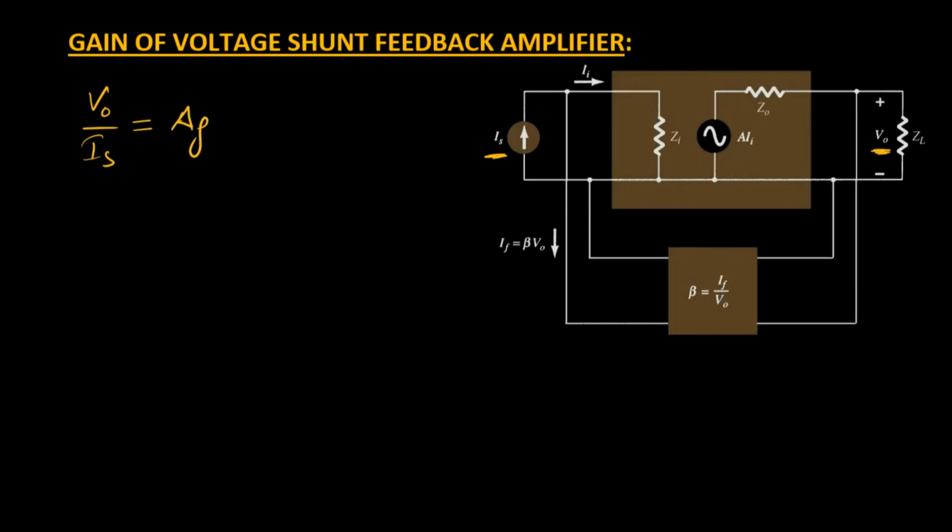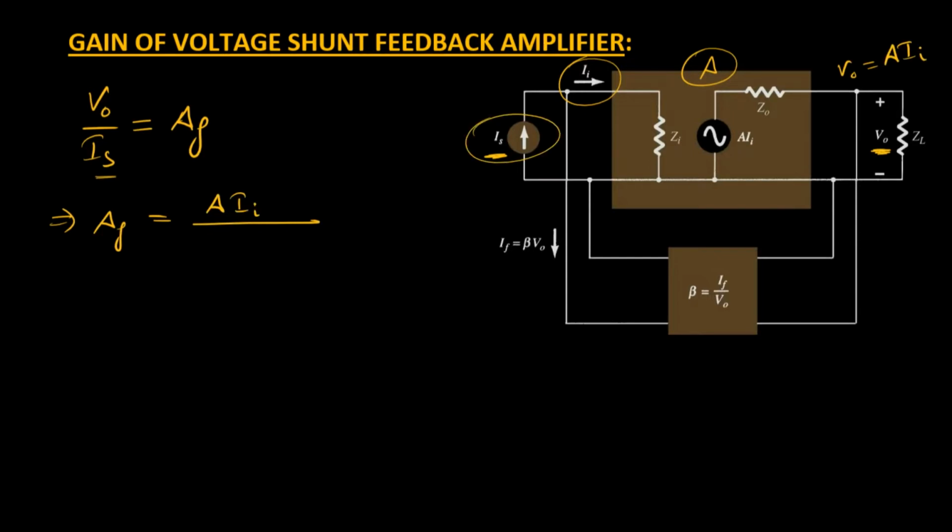Now let us rewrite the equation by substituting a few things. AF will become equal to V0 over Is. V0 is nothing but the gain of the amplifier multiplied with the input current value, so this becomes A multiplied by II. So in place of V0, I'll write A multiplied by II, over Is. Here we usually have a mixer circuit.